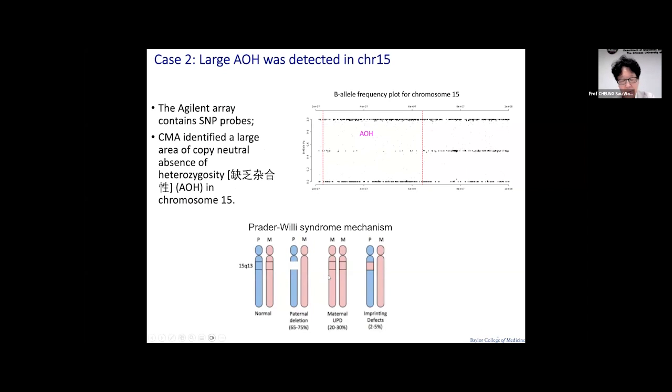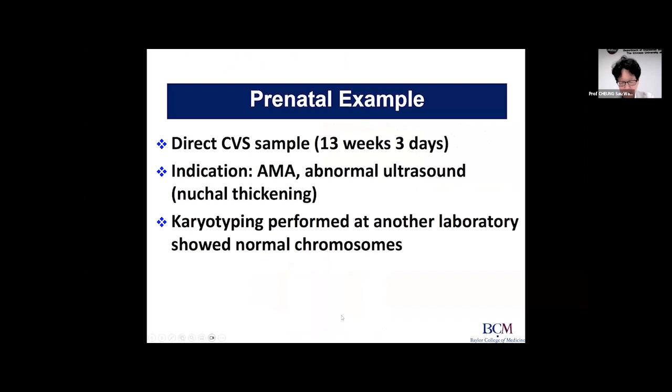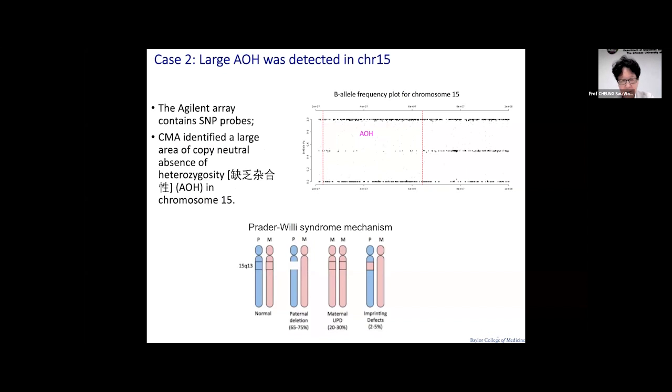Another 20 to 30% is when both chromosomes are from the mother, from the maternal side. That means it's absence of the paternal chromosome, which also exhibits Prader-Willi syndrome. And then about 2 to 5% is an imprinting disorder. That means that there was some mutation in the imprinted gene in this region.